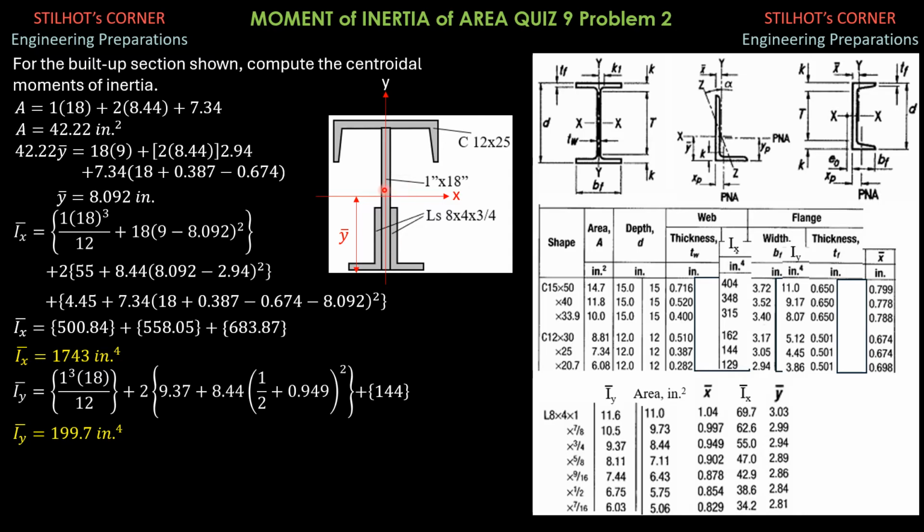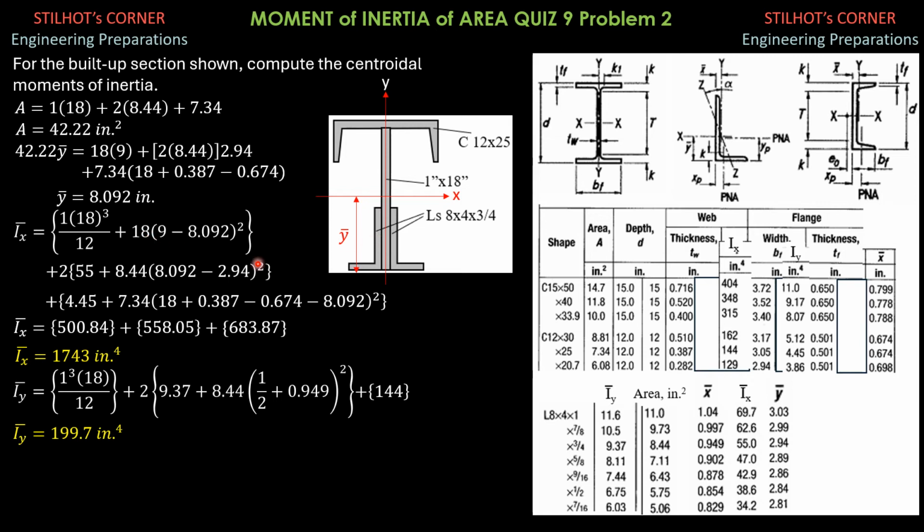The centroid of the rectangular plate is 9 inches above the bottom, and bar y is only 8.092, so the distance is 9 minus 8.092, from the parallel axis theorem or transfer formula for moment of inertia. We have to square it. So that's for the rectangular plate.